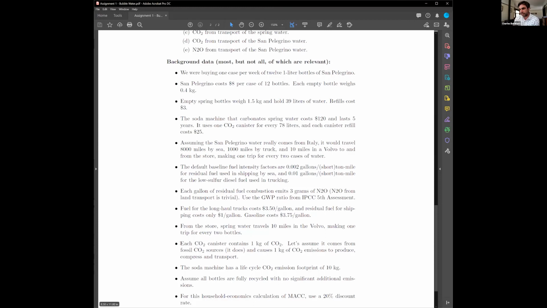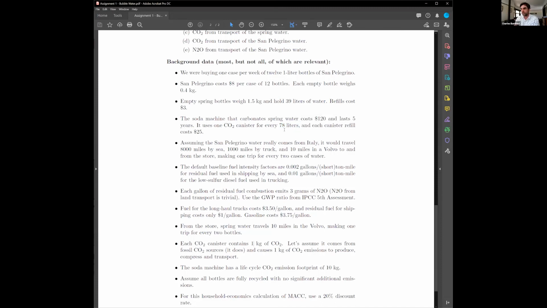Then your next question was each CO2 canister contains 1 kilogram of CO2. So it's pressurized with 1 kilogram of CO2. When you press that button and it charges your water into soda water, it uses a little bit. I forget how many times you can charge it. Oh yeah, one CO2 canister could charge 78 liters of water.